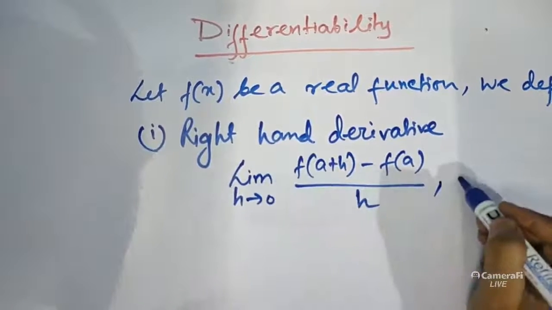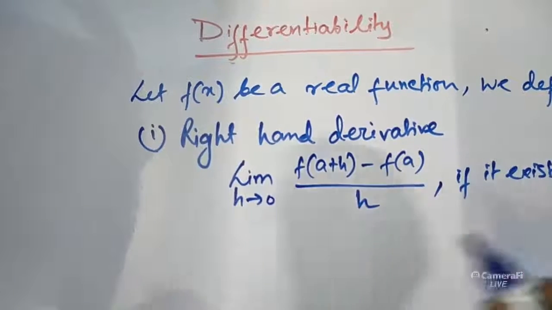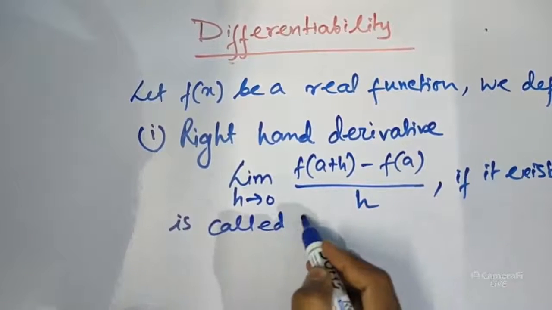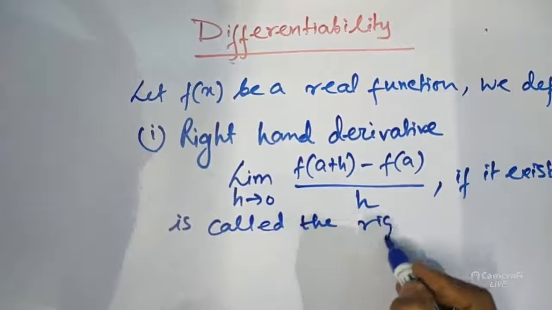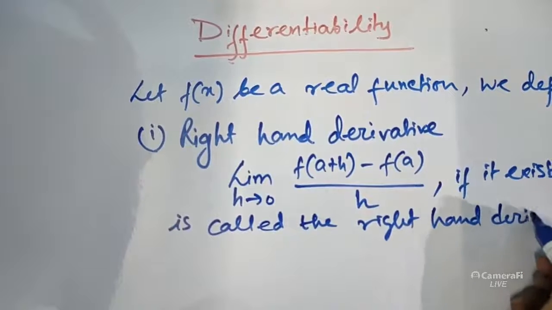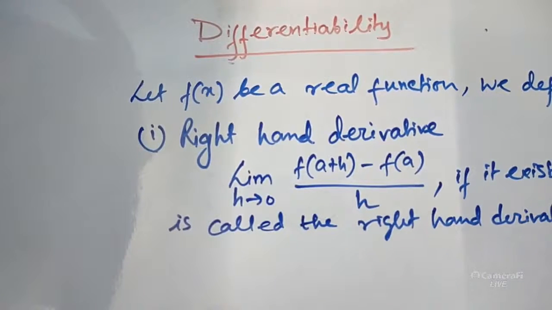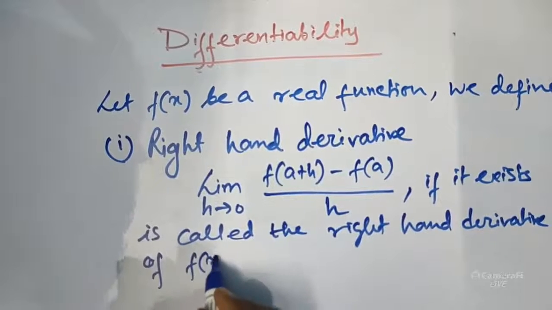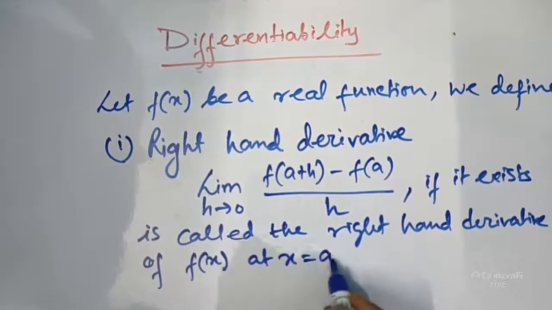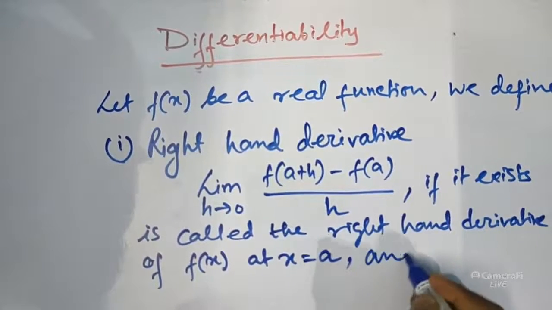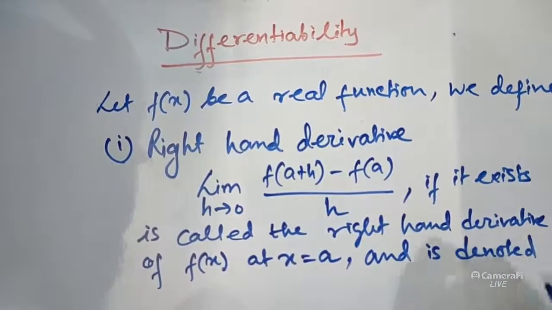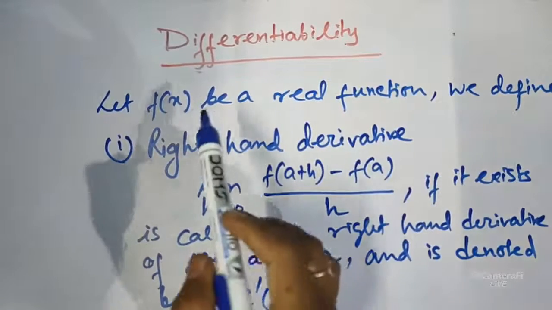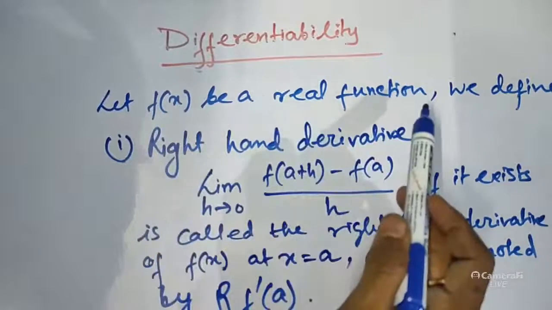Now if this limit exists, it is called the right hand derivative of function f(x) at x equals a, and it is denoted by Rf dash a.